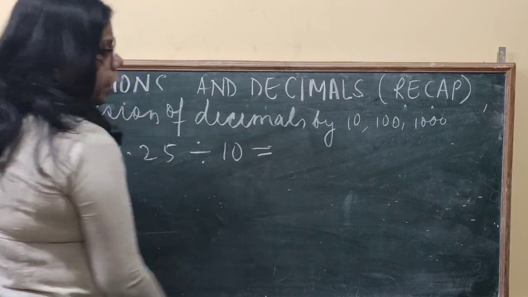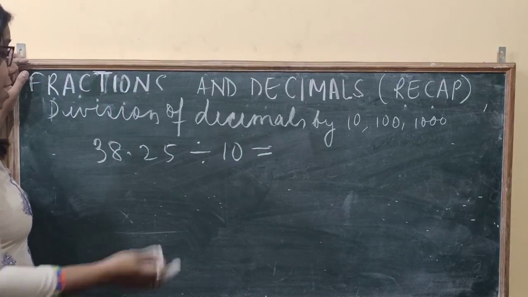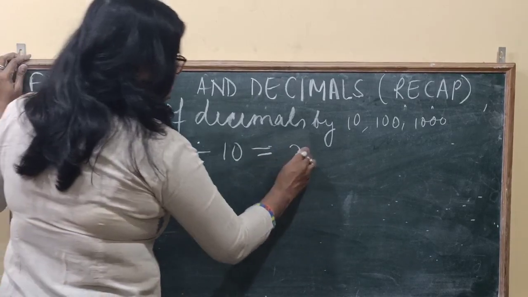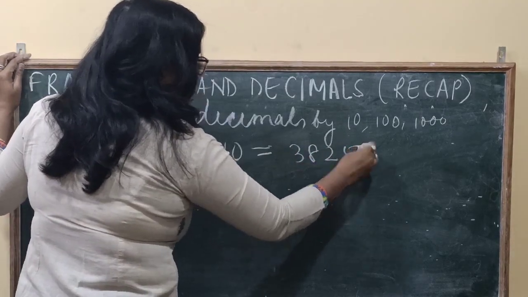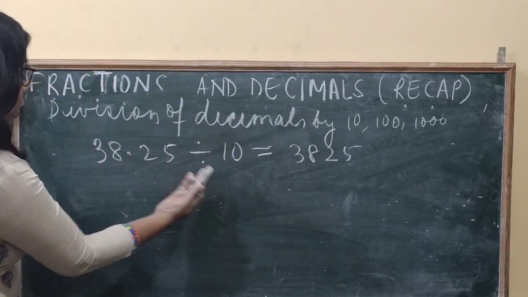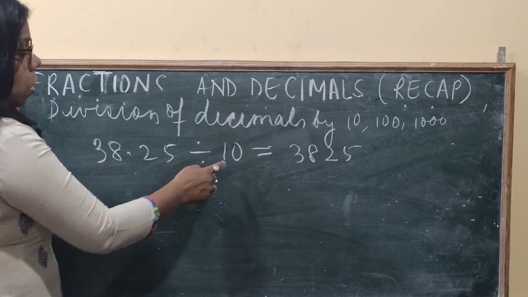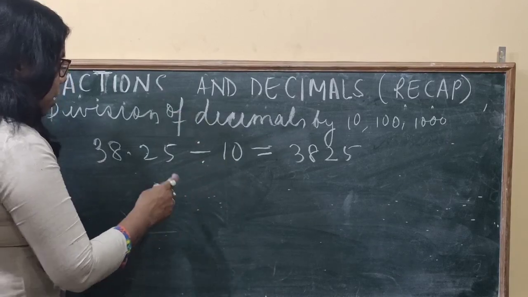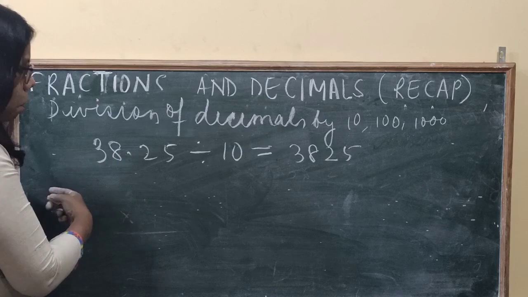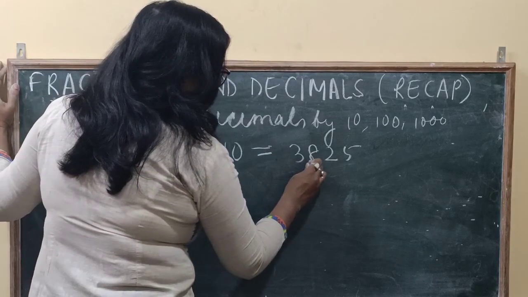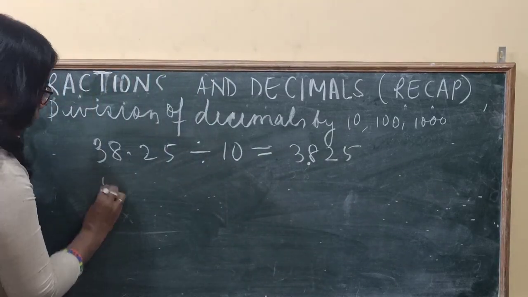As we did during multiplication, similarly we will write the digits and move towards the left. So after 1 only 1 zero is there, so we will move the decimal one place to the left. This will become 3.825.